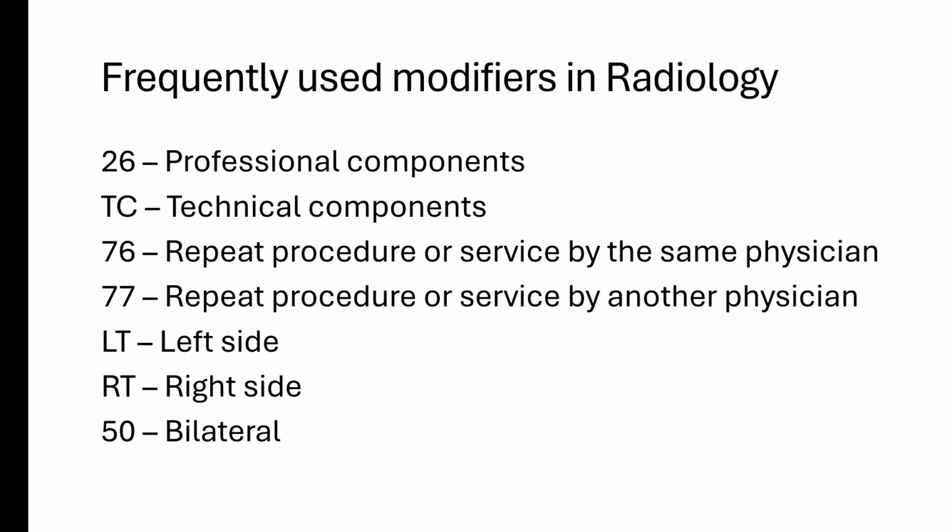Next, we'll discuss the modifiers used in radiology. So, in radiology, we'll be using modifier 26, TC, laterality modifiers LT, RT, and 50 modifier for bilateral procedures, and modifier 76 and 77.